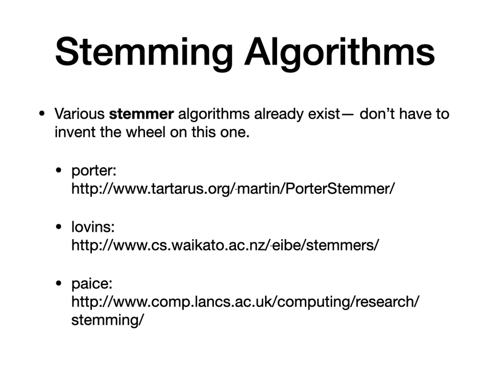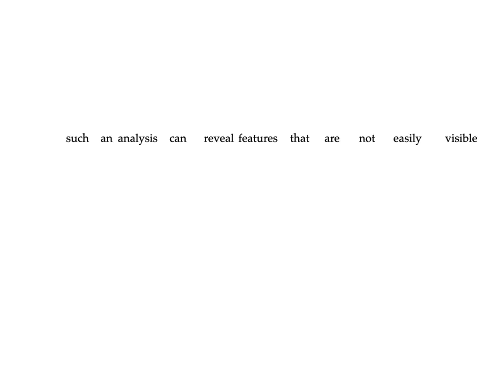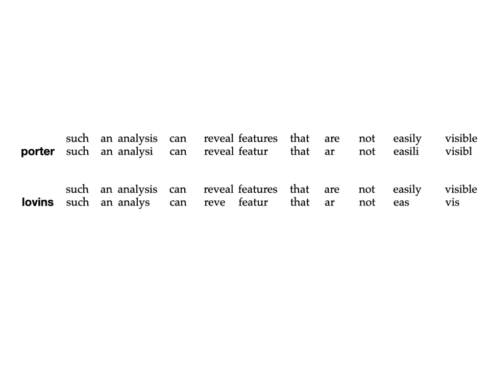But let's just look at the process again. Such an analysis can reveal features that are not easily visible. So each of these different stemmers might choose to do this a little differently. The Porter stemmer leaves a lot of I's and it cuts off all the E's, versus the Lovins stemmer, which doesn't even keep the I's.